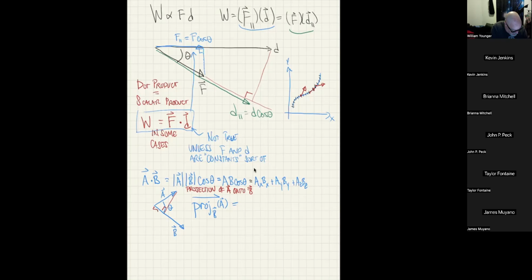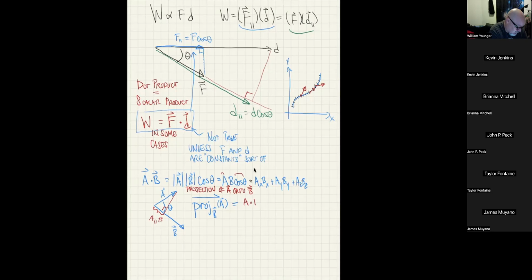And this will be the component of A parallel to B. So I'd like to know that length. Well, I know that length is A cosine theta, which I can see is this guy and this guy. So I'll just say A dot B.